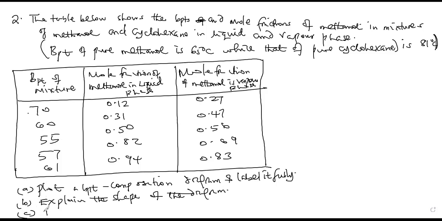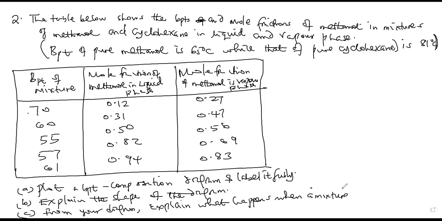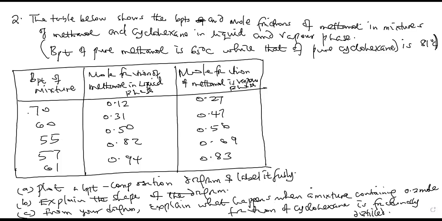Then C, from your diagram, explain what happens when a mixture containing 0.2 mole fraction of cyclohexane is fractionally distilled. So that is the question.